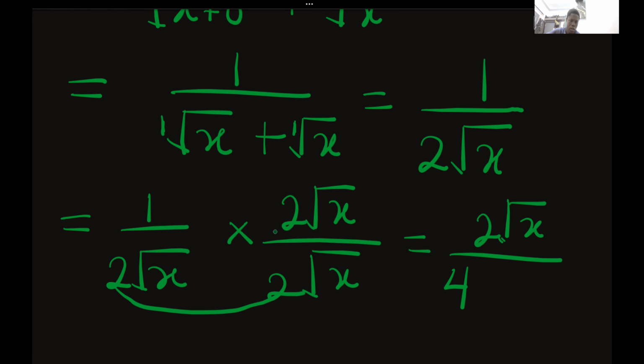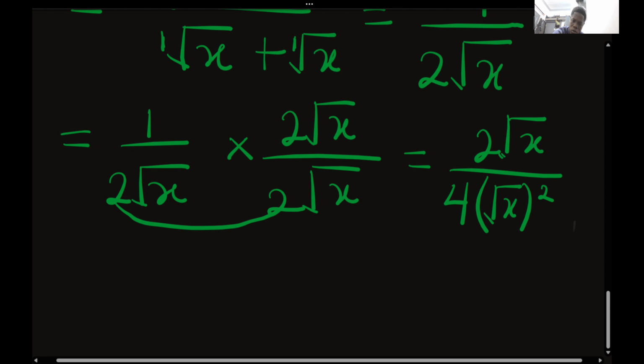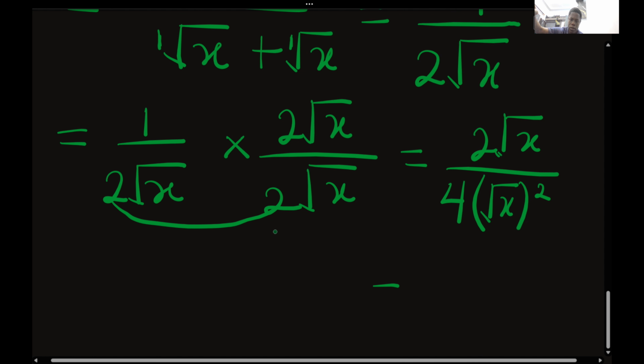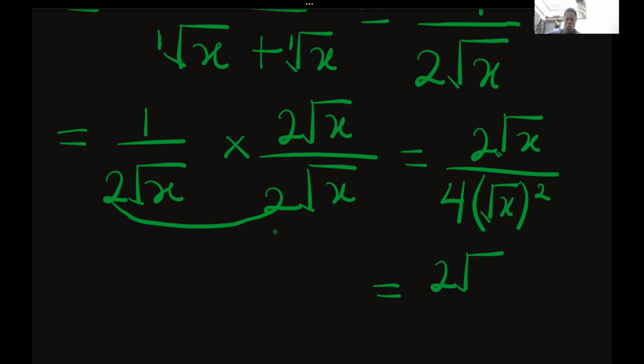Then the square root of x times the square root of x will give us the square root of x squared. So the square cancels the square root, and we'll be left with x. So we have the square root of x divided by 4x.